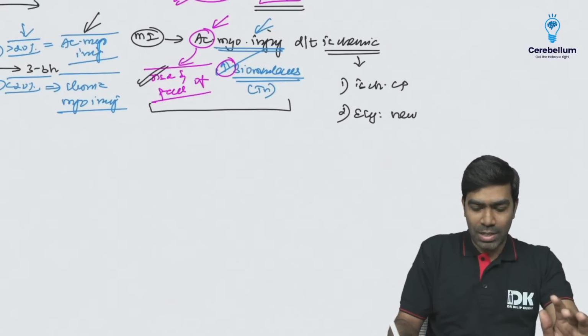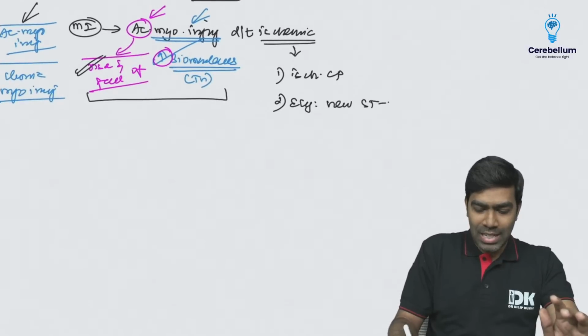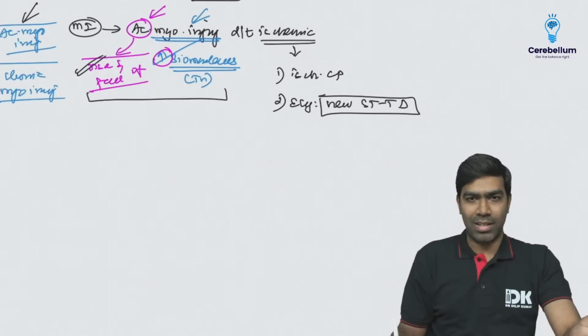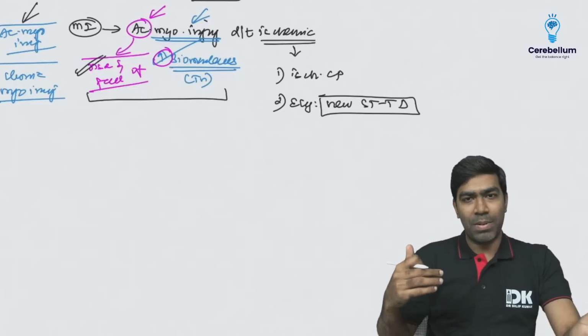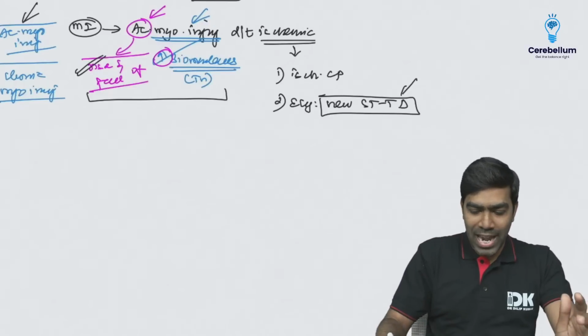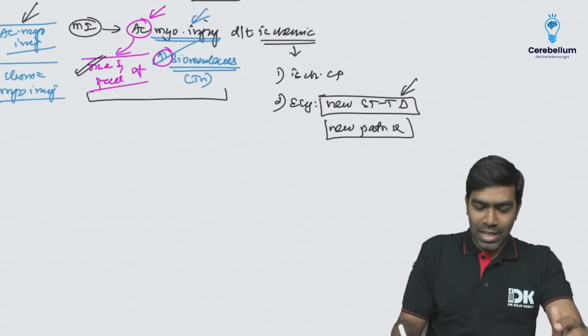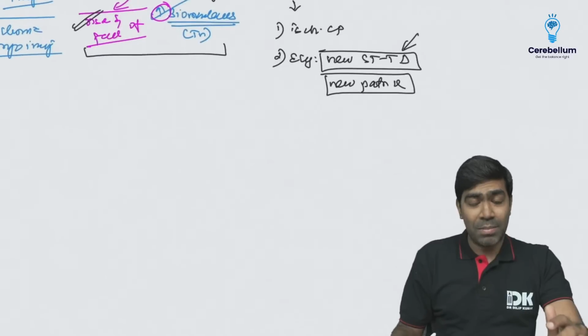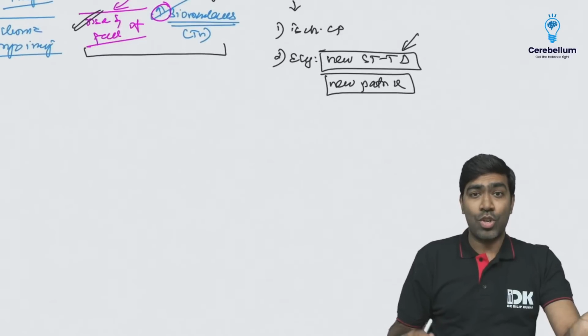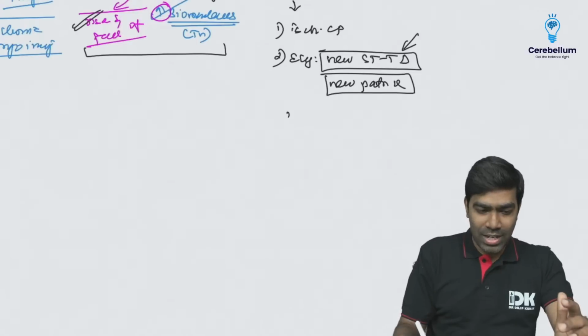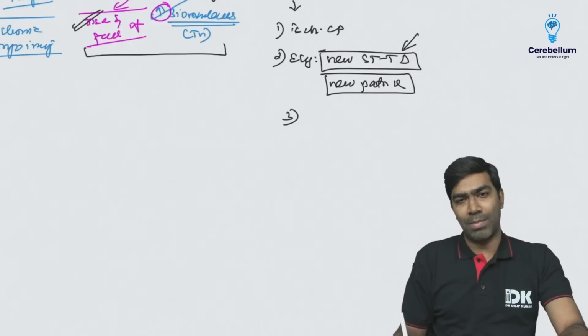If the patient is having new ST segment and T wave changes, new ST elevation, ST depression, T wave inversion, some new dynamic changes, or new pathological Q waves. Remember, whenever there are pathological Q waves, it indicates that the myocardium is dead, it's infarcted. So that will tell you it's actually due to ischemia.